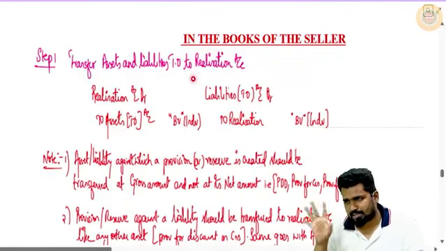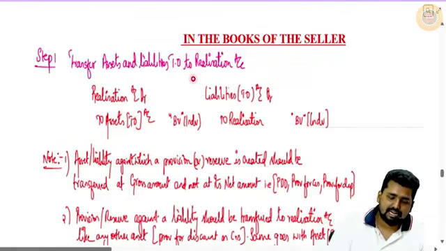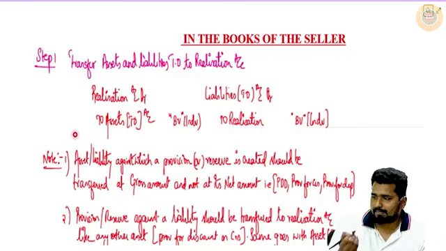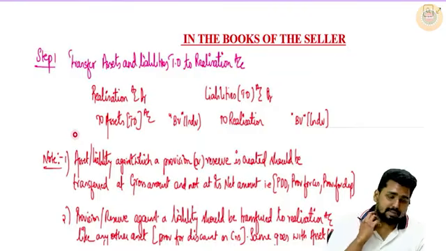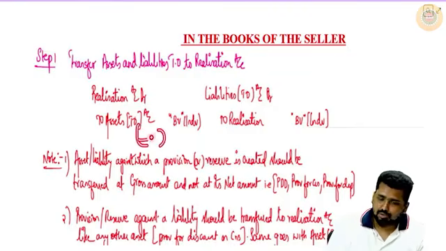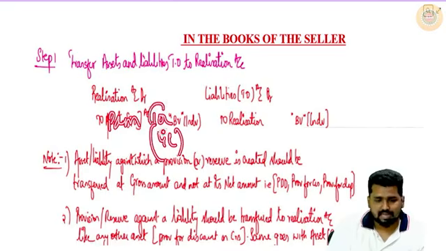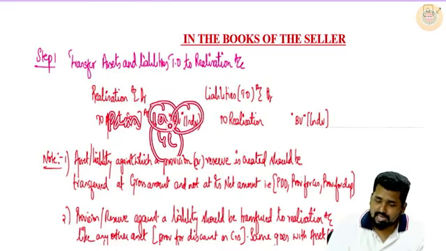Certain points I'm going to tell. Listen to me. Any provision created against an asset, for example accumulated depreciation for plant and machinery: should it be subtracted and shown as a net amount, or shown at gross value? Gross value only. If plant and machinery is 10 lakhs, against which there is accumulated depreciation, you have to transfer the 10 lakhs to realization, and the provision separately.